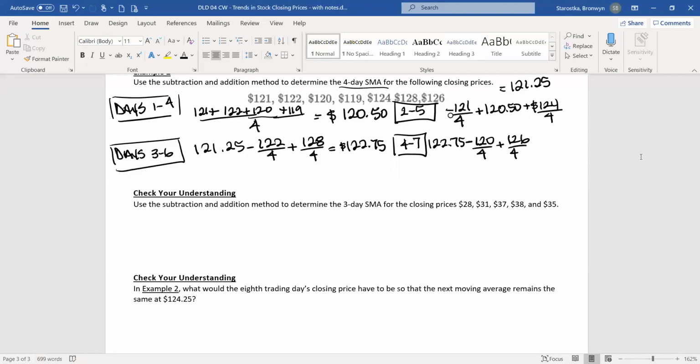And for day 7, that's going to give us an average of 124.25.